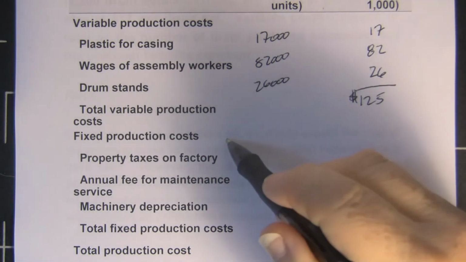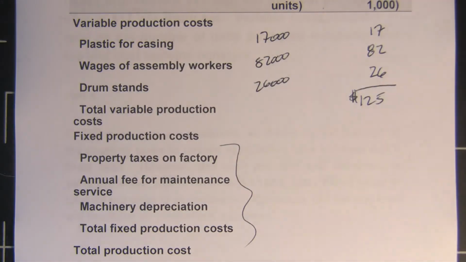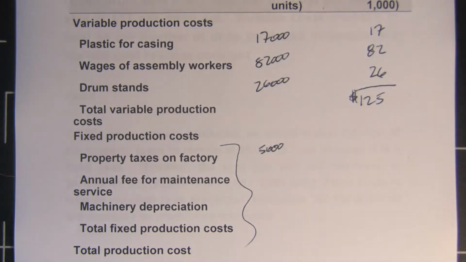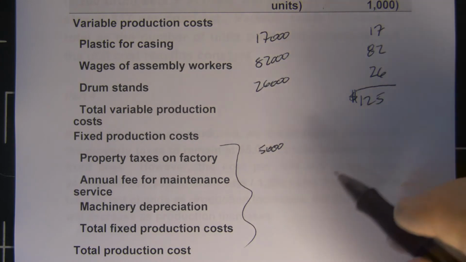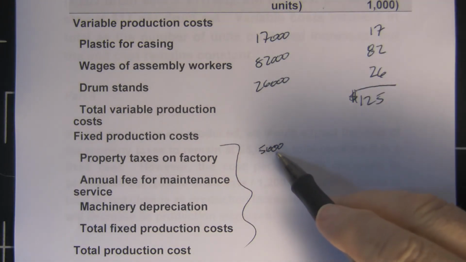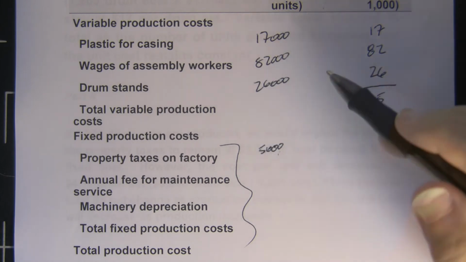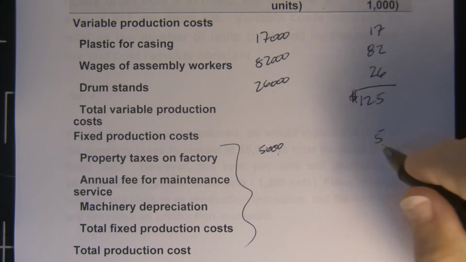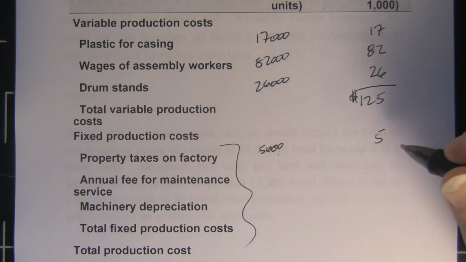But we still have these costs. We can't just say, oh, well, never mind. So our property taxes on the factory were $5,000. We're estimating, we're allocating, we're saying, well, it cost us $5,000 to pay the taxes on the factory. We made 1,000, so that's roughly $5 per drum. This is the definition of fixed cost.